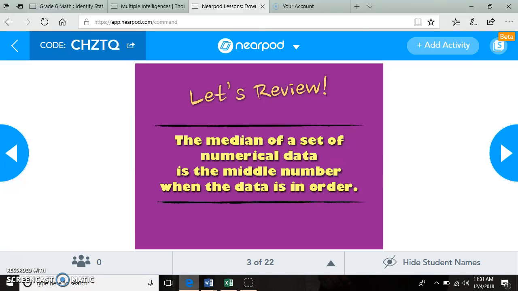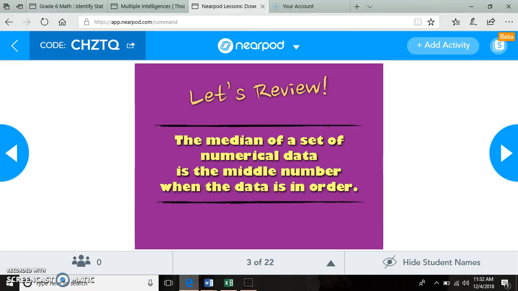First, let's review. Remember, the median of a set of numerical data is the middle number when the data is in order. Remember, there are two possible cases. The numerical data set is even or the numerical data set is odd, which means there's an even amount of numerical data in one or an odd amount of numerical data in the other.